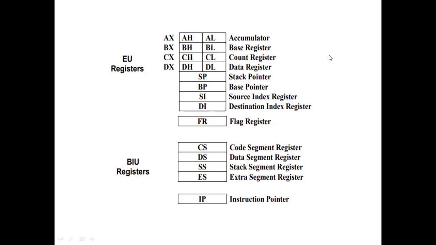To hold a 20-bit address, there must be a 20-bit address register available within the processor. But 8086 only has 16-bit registers. So a 20-bit address cannot be stored inside a 16-bit register. To avoid this problem, segmented memory is used in 8086.